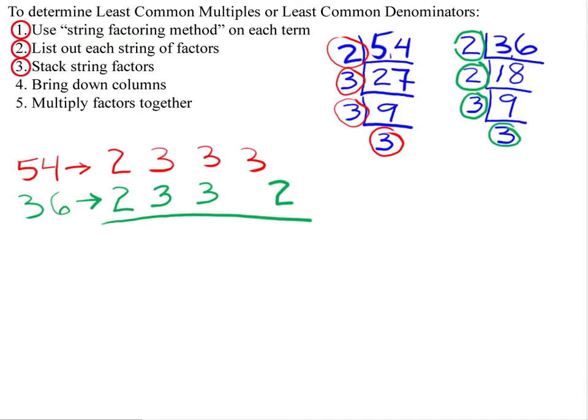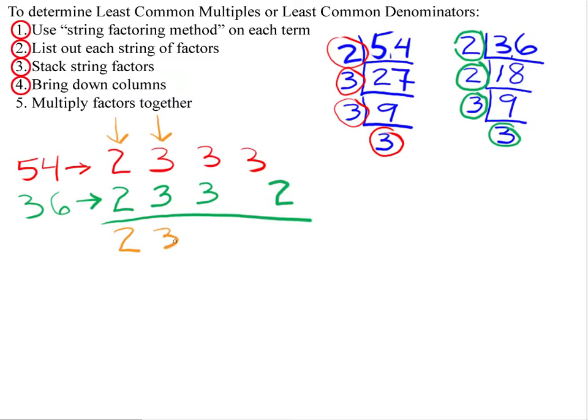Okay, now we look at our step 4, and that says bring down columns. What that means is that we're simply going to copy these columns straight down underneath. So for the first one, which is right here, we bring these down like that. The next column is right here.